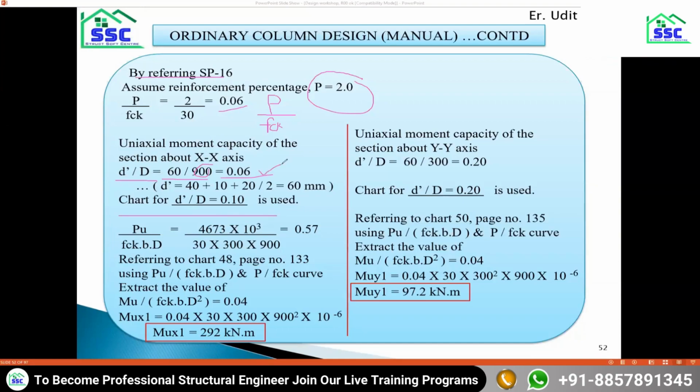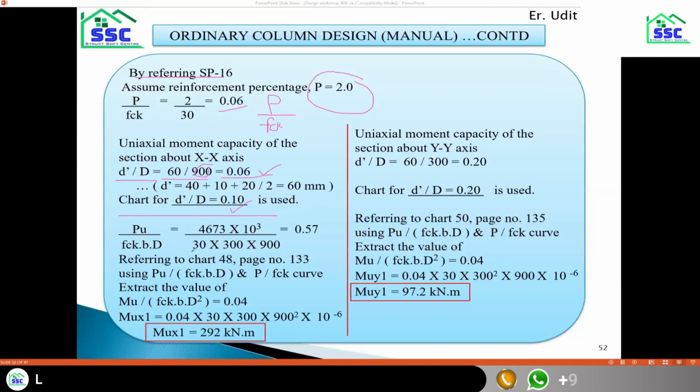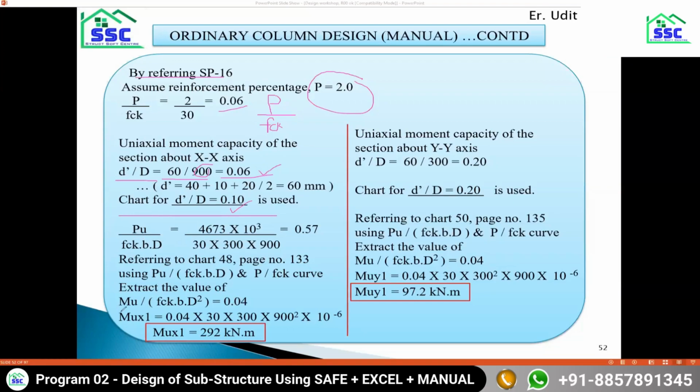So I will use a chart which is higher than that value, and that is the 0.10 chart. So we will use D dash by D 0.10, and from that chart, using the value of PU by FCK BD, we will find out the value of MU by FCK BD square. So here what we are doing is we are assuming some value of PT.